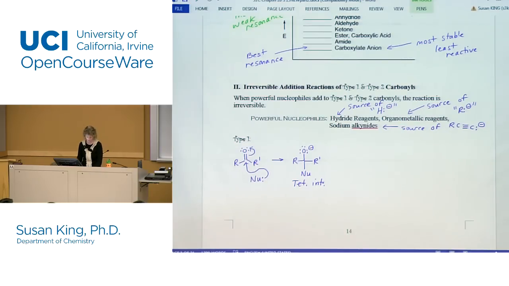That's what makes this irreversible. The tetrahedral intermediate has no leaving group, and so it is therefore an irreversible addition. Since we don't have a leaving group, we're going to stop there, and we're going to add water in a second step. Add H2O or H3O plus in a second step.